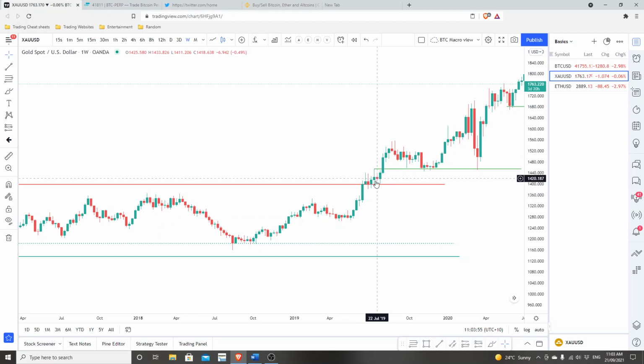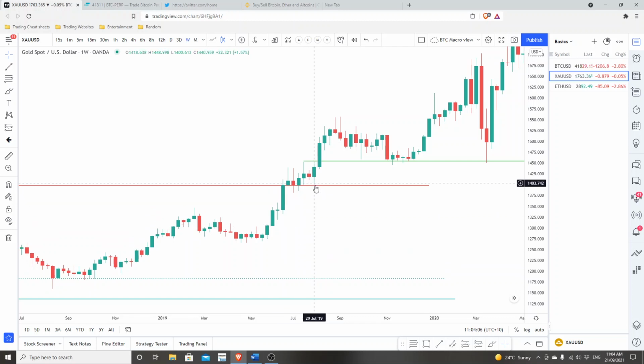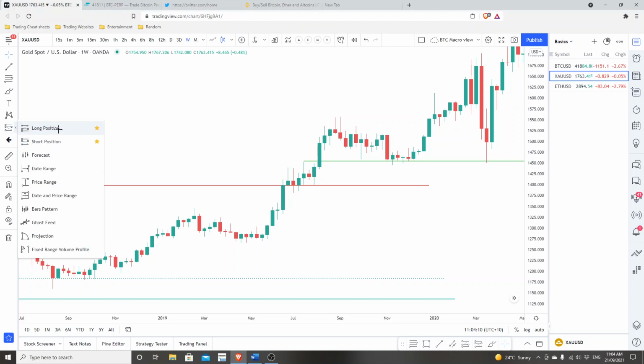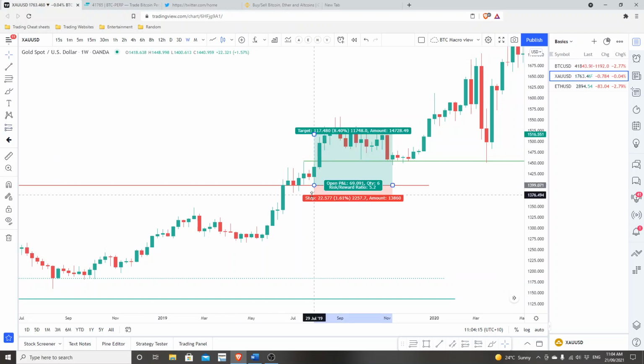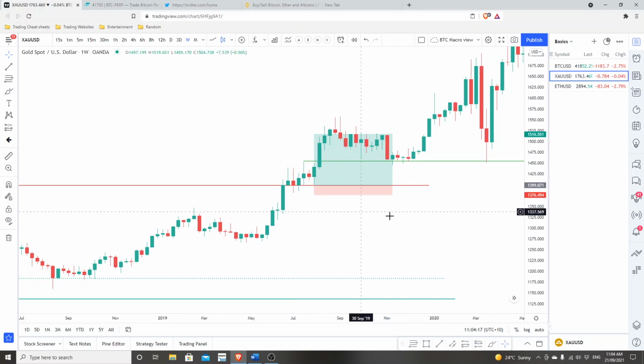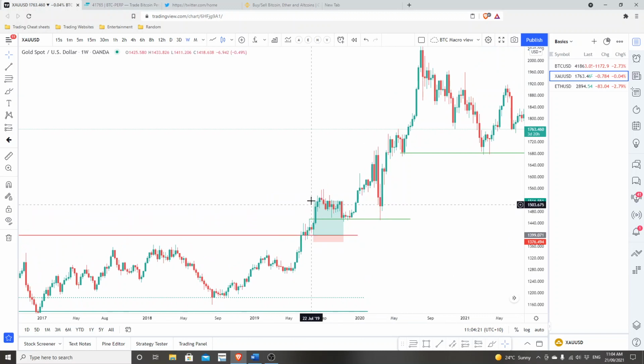We have a clear close away from resistance, which is now support, and we retest again on this. That there would be your entry for a massive gold long. Under there is your stop, and you would still be in that trade.